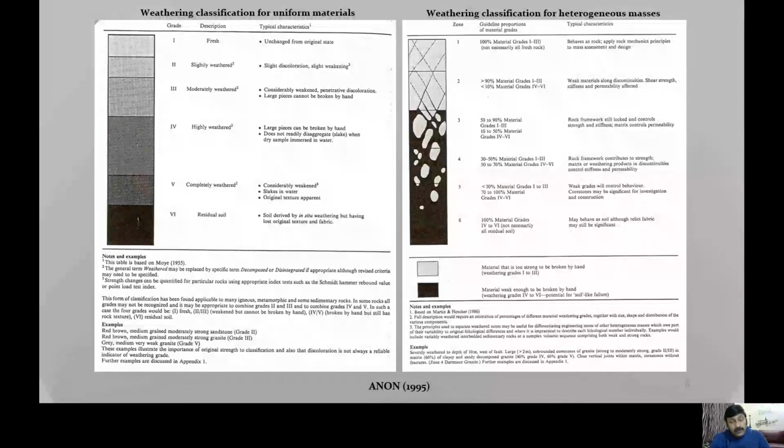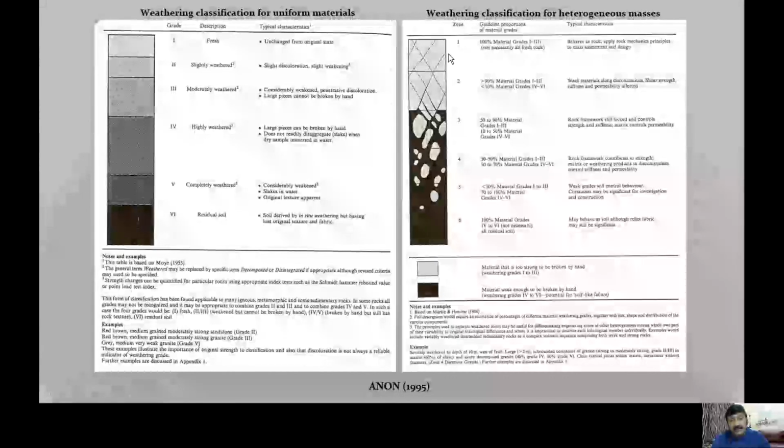When we talk about weathered rock mass, we call them weathered zones. So instead of grade, we call it weathering zone here. It is also from zone 1 to zone 6. But the difference is, unless we characterize the weathering grades of the materials, we are unable to characterize the weathering zones of the rock masses.